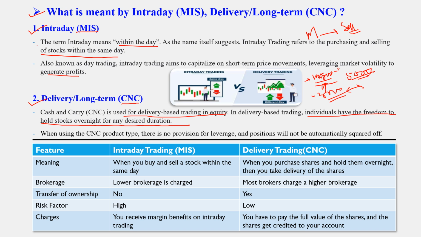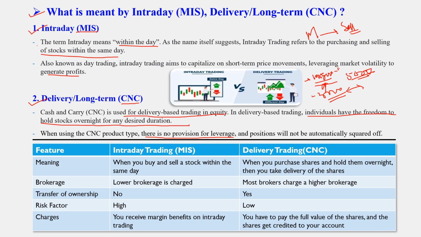But in intraday, there is some restriction. There is a restriction to buy and sell the stock within the day, right? When using the CNC product type, there is no provision of leverage. In delivery or long-term trading, there is no provision of leverage, right?